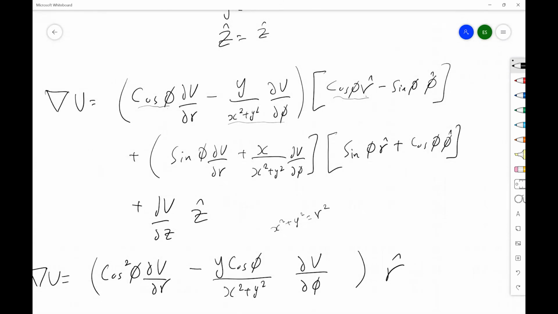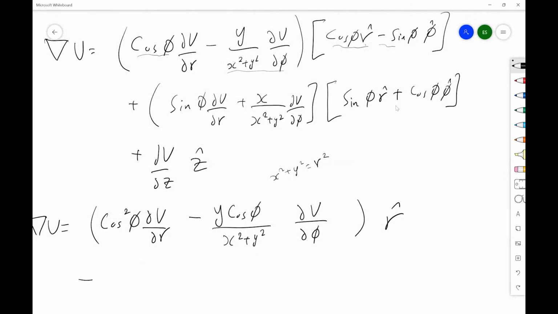Now let me write down the phi components. There's a minus sign, so I'm going to have a minus here. So the phi components, what will I have? So I took a minus, so I start with this.